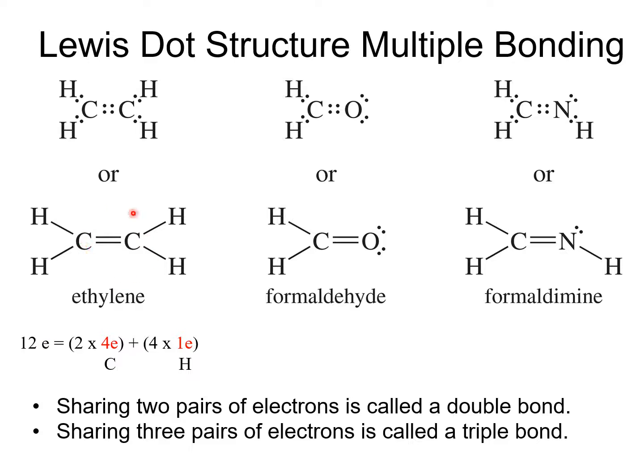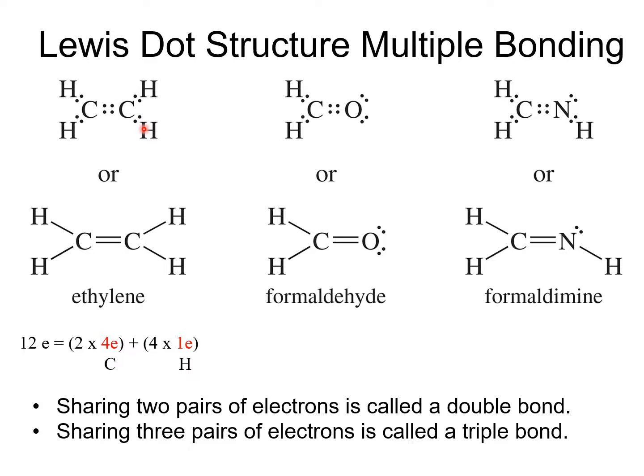So this matches this Lewis dot structure. Why is that? Because if I count the number of electron pairs, 1, 2, 3, 4, 5, 6. 6 times 2 is 12, so it matches the number of valence electrons. Now if you look at the individual electrons, between each pair of atoms we put a pair of electrons, right?